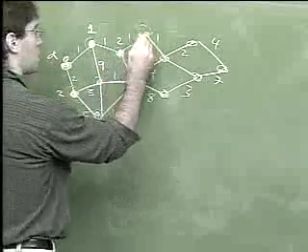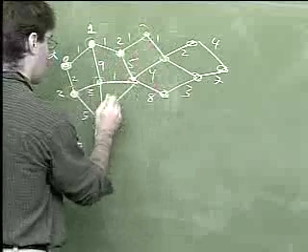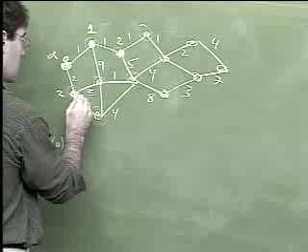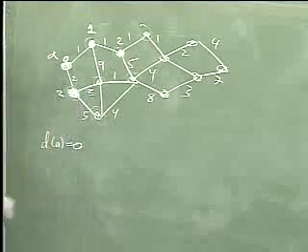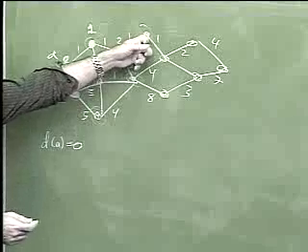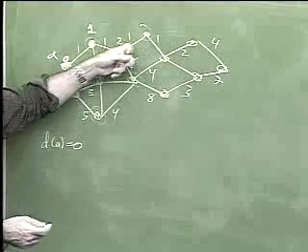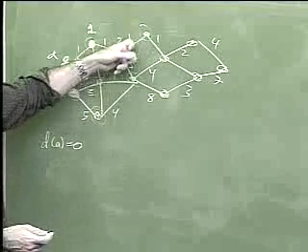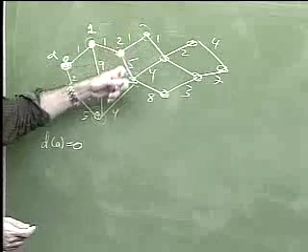Now I compute all the deltas again. This node has D of 2 plus the distance 1 edge.